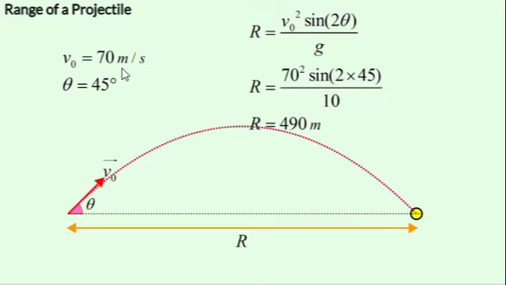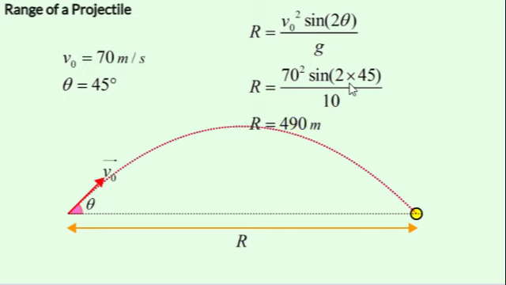So we are given v0 as 70 and theta as 45, and substituting this into the formula for range and assuming g to be 10 meters per second squared, we obtain the range as 490 meters.